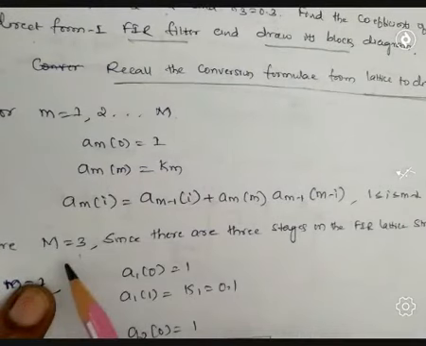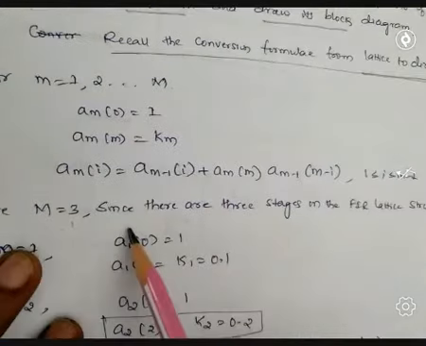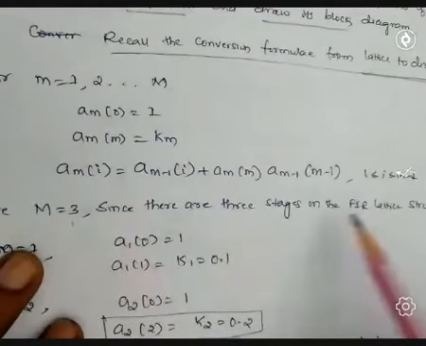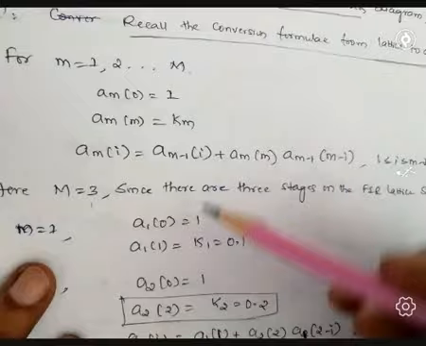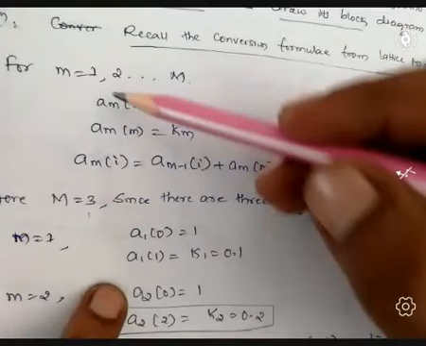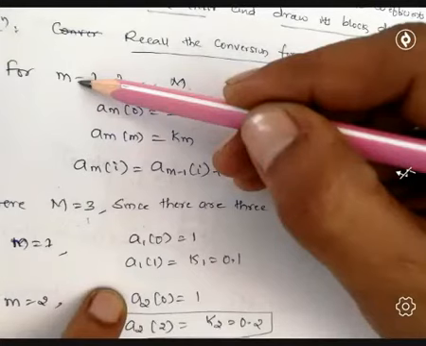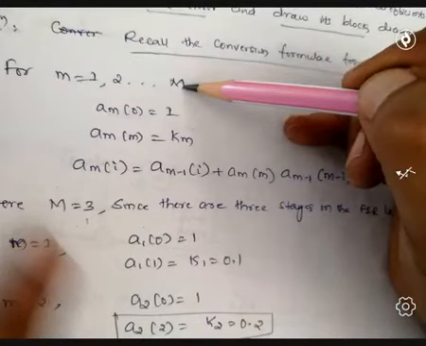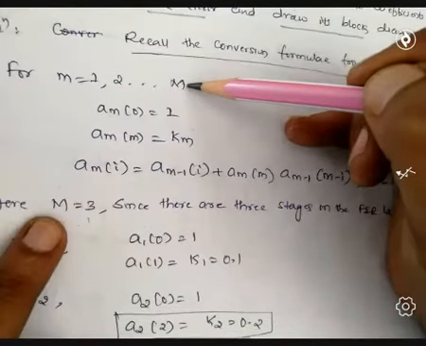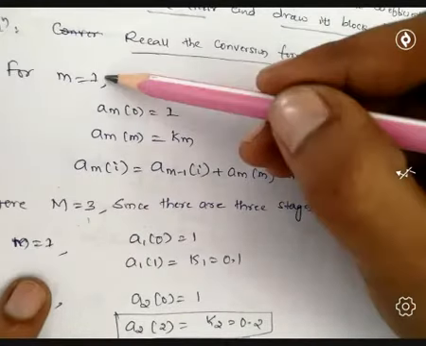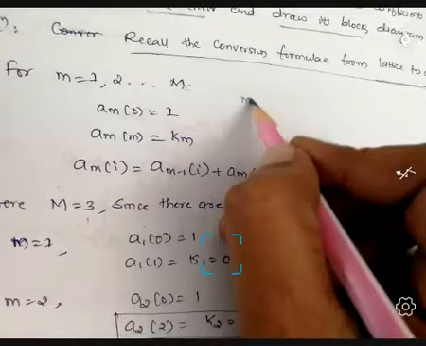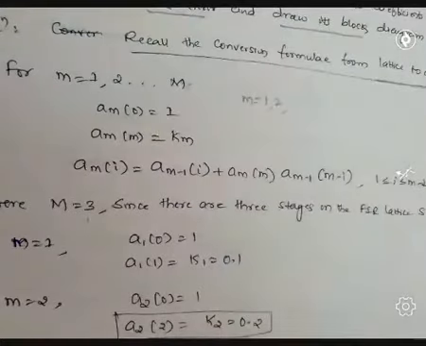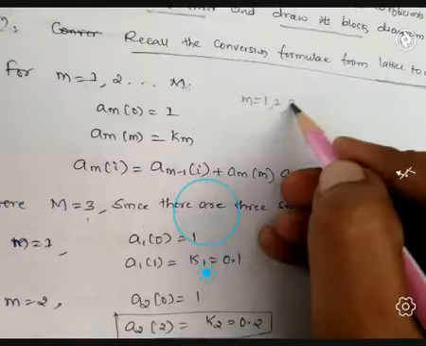M equal to 3 since there are three stages in the FIR lattice structure. With the help of these formulas, M varies from 1 up to 3. So we have to substitute M equal to 1, 2, 3.